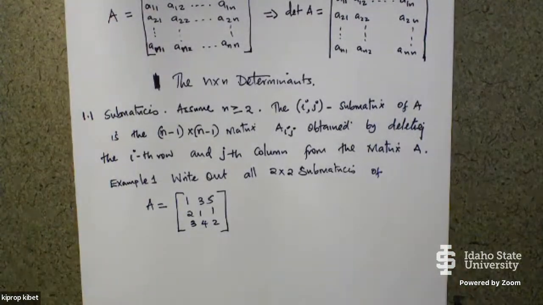To get a submatrix, we delete the row and the column. This matrix has 9 entries, so we have 9 submatrices.